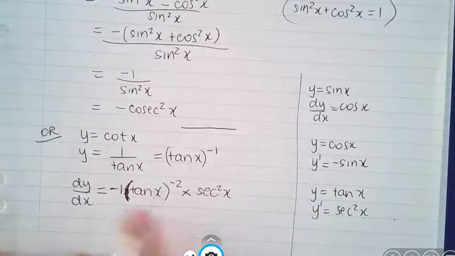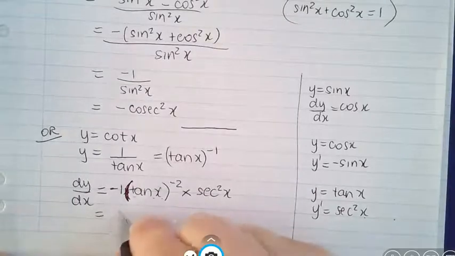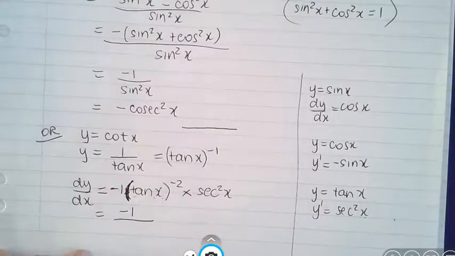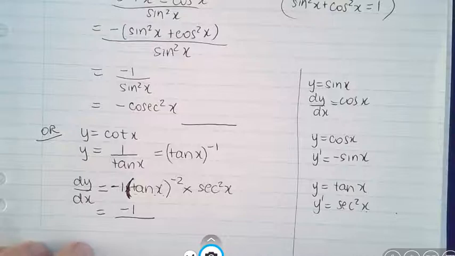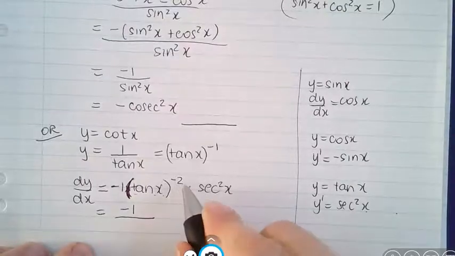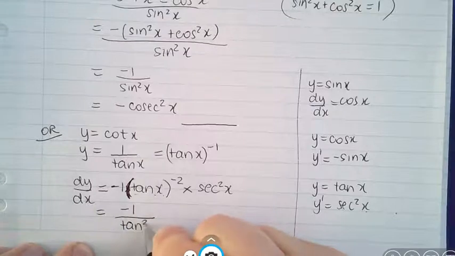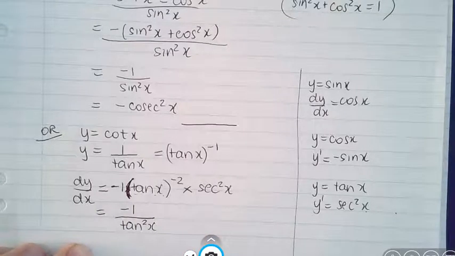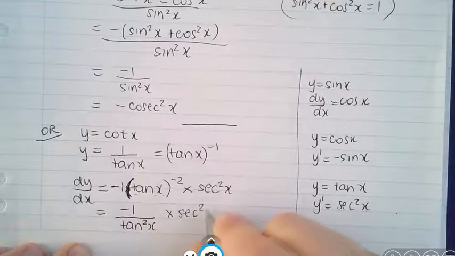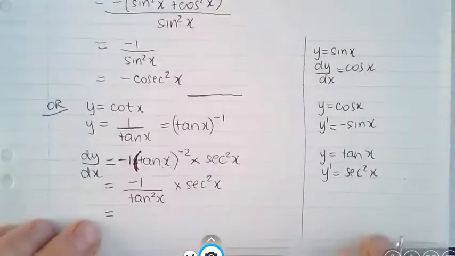So differentiate tan x, you get sec squared x. So that's negative 1 over, how do I write tan x? Negative power means it's on the denominator. Tan x squared is really tan squared x. Are we okay with writing it like that? Times sec squared x. How do I simplify this?